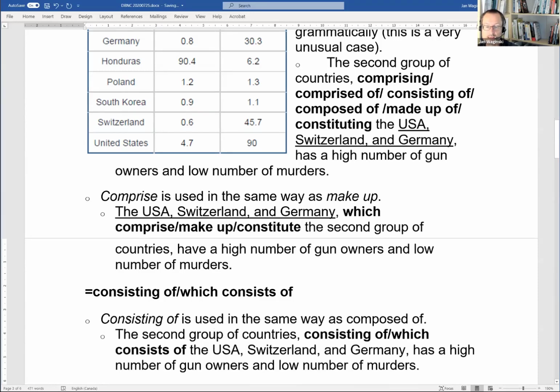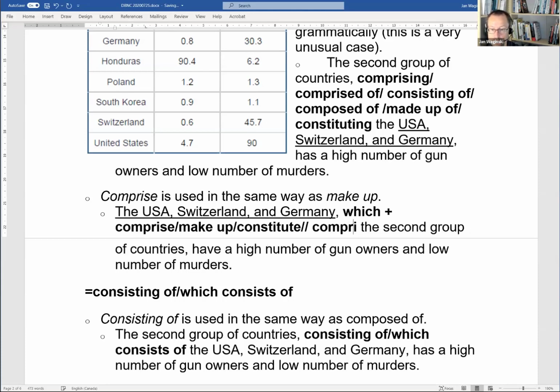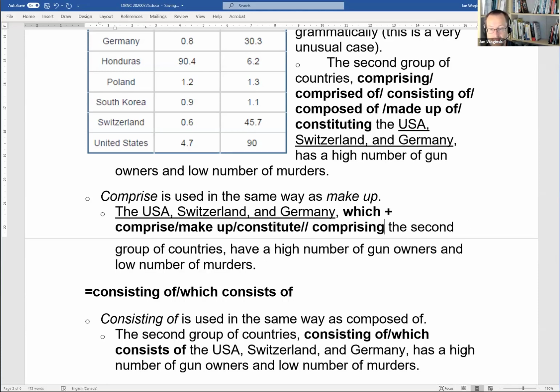Okay. And if you're familiar with participles, instead of which comprise, right? Because it's which plus these, or if you don't want to use which, I'm going to put 2 forward slashes here. It would just be comprising. Remember, this is without which. Which comprise is the same as comprising.